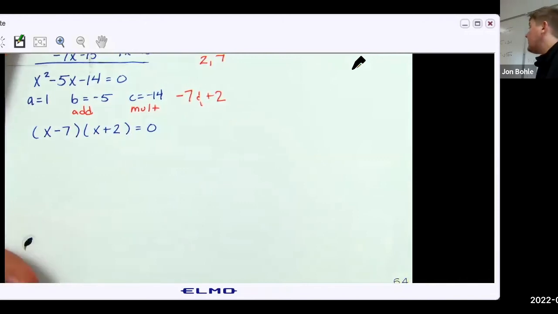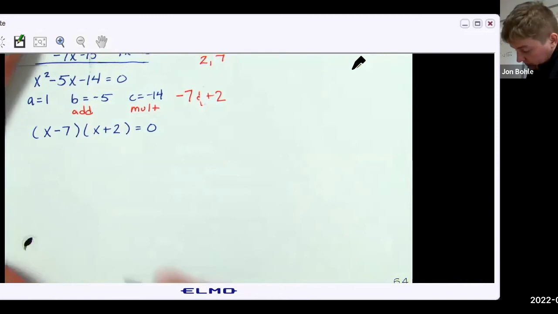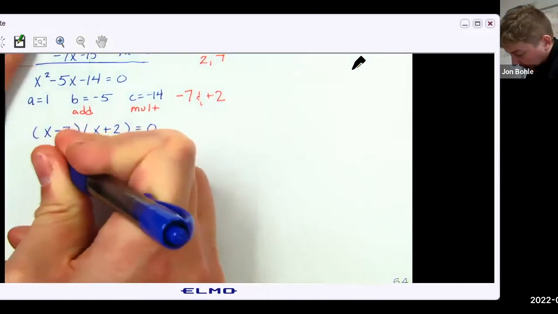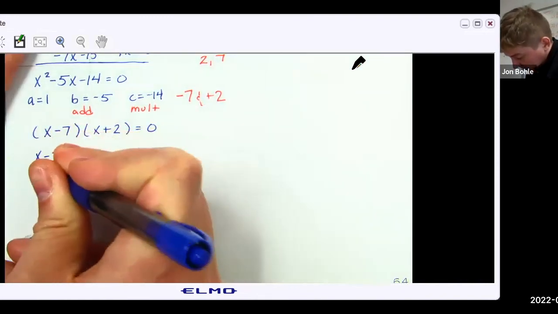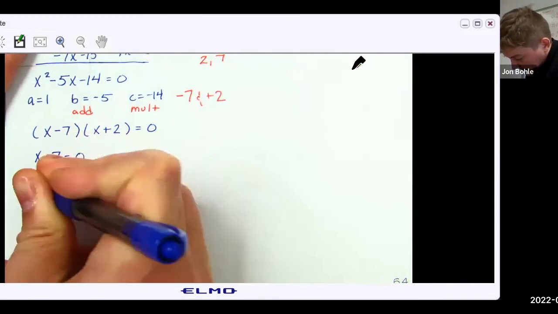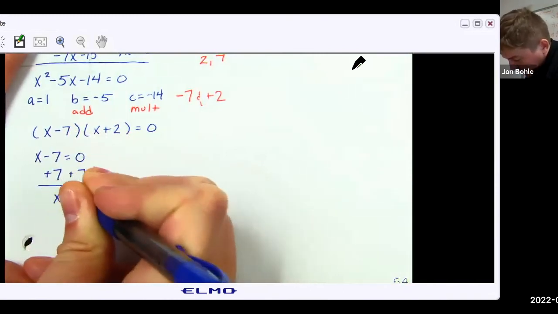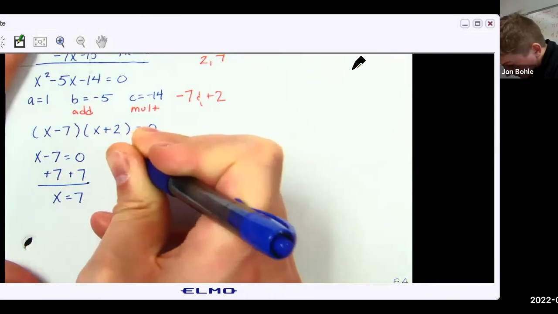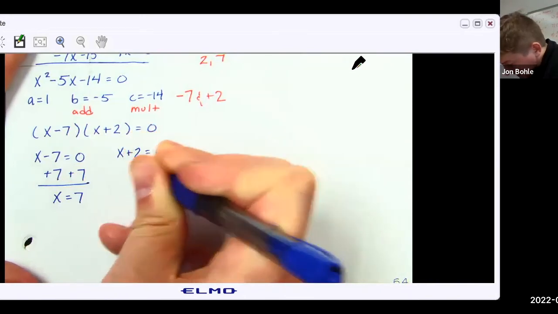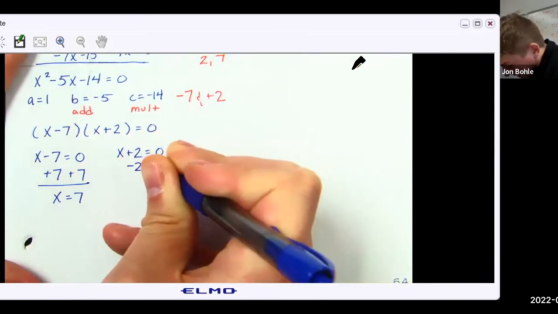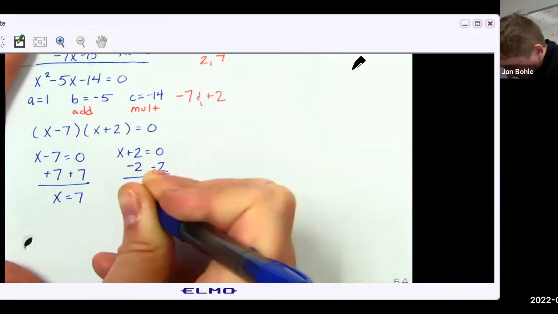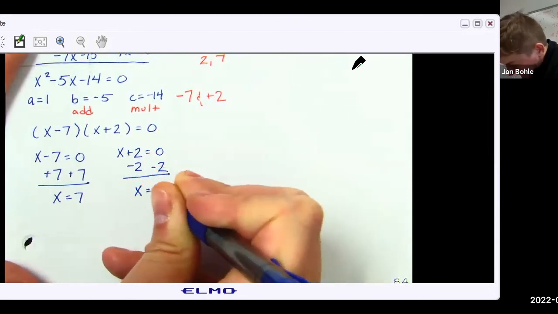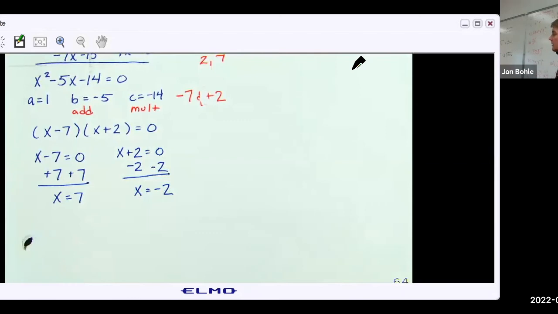And then once I have my factors, what do I do? Set them equal to 0. And then solving at this point, hopefully, is fairly easy. Do not box either of these in, because one of these is actually not a solution. We're going to find out here in a second.